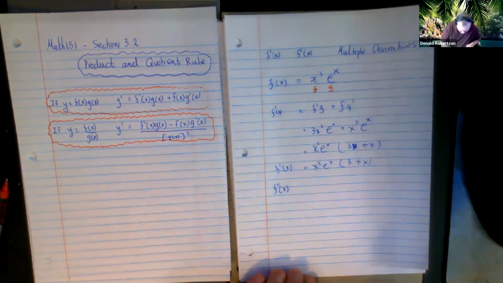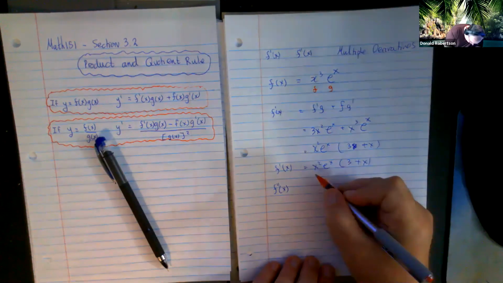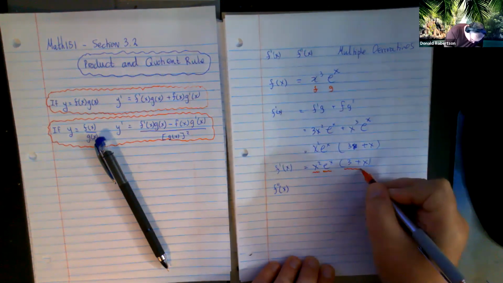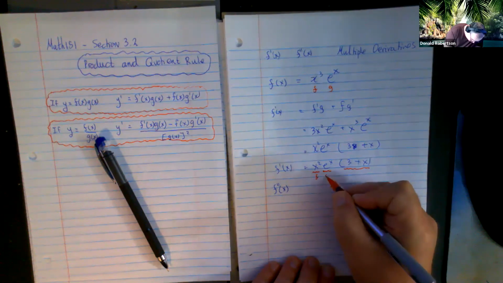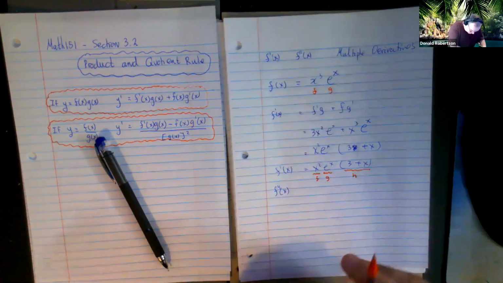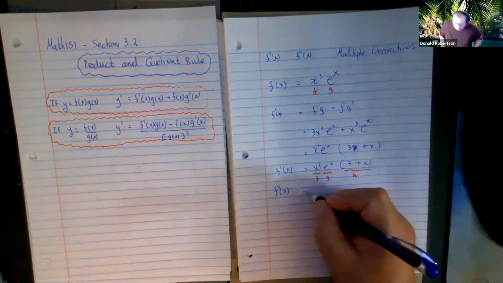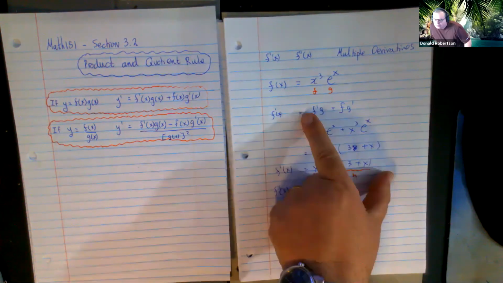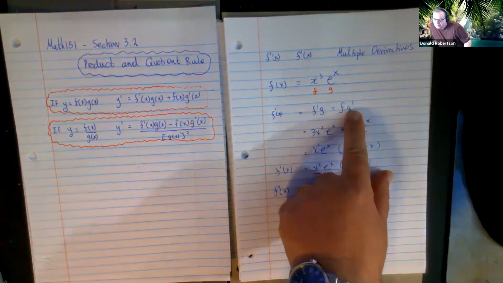Uh-oh. One function, 2 functions, 3 functions. We're going to have to differentiate a function that's made up of 3 things multiplied together, not 2 things. Here is the product rule for 2 functions being multiplied together.